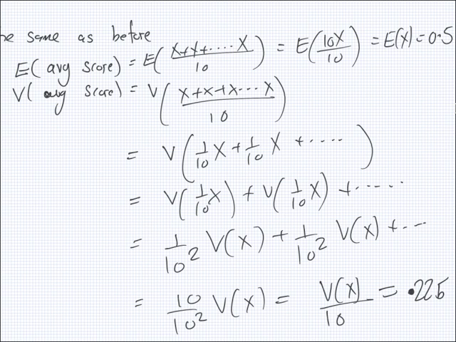So what's the formula for variance? It's the expected value of x squared, isn't it? Minus this squared. So I should get something like 0.225, I hope.